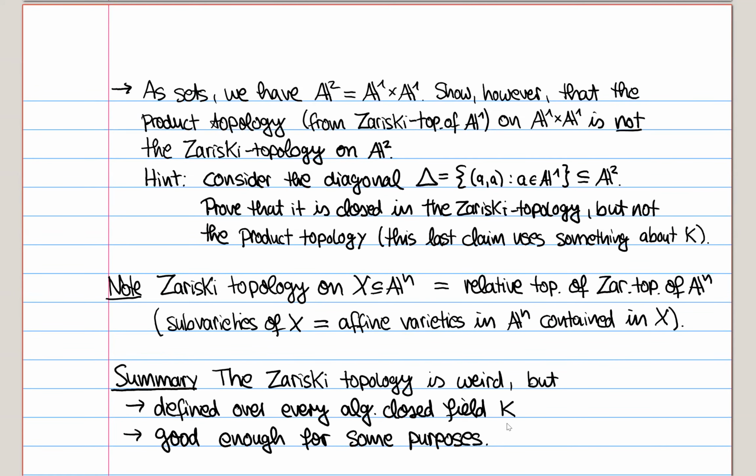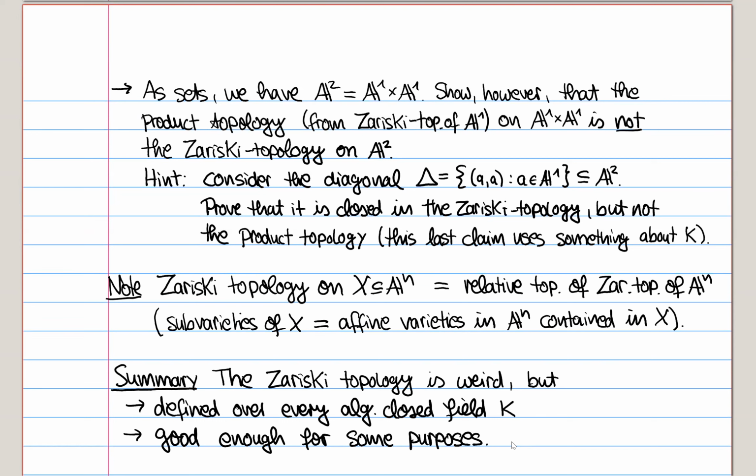The Zariski topology only uses these notions from commutative algebra, and so it can be defined independent of the base field. And as we're going to see in the next sections, it is good enough for a lot of purposes.